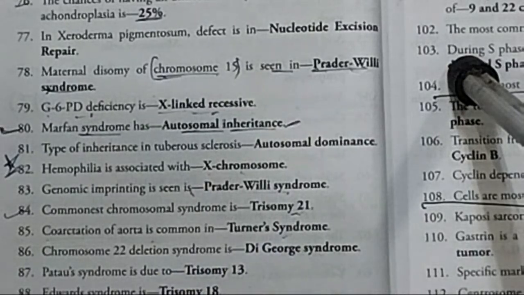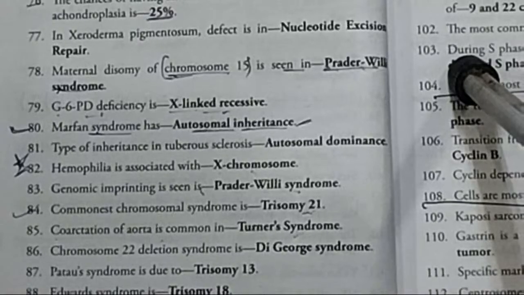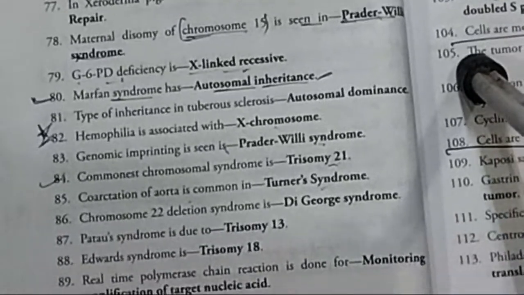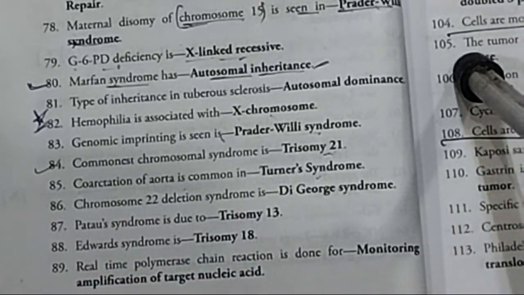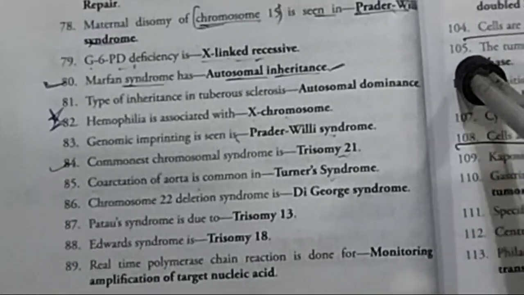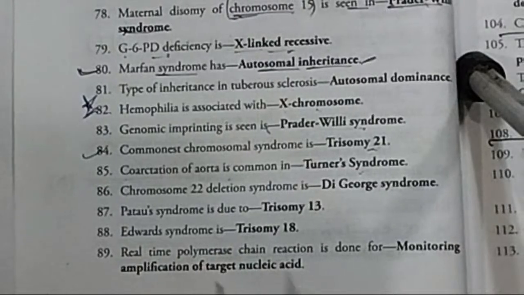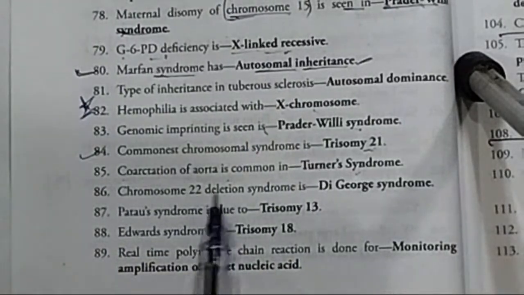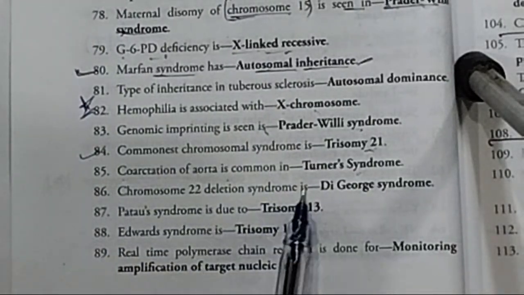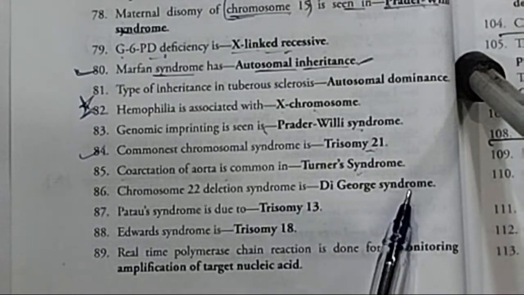Next, the chromosome 22 deletion syndrome is DiGeorge syndrome. Very, very important. Since I am discussing genetic MCQs, do remember, the chromosome 22 deletion syndrome is DiGeorge syndrome.